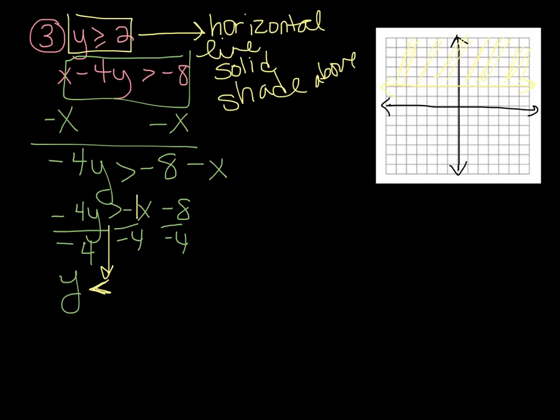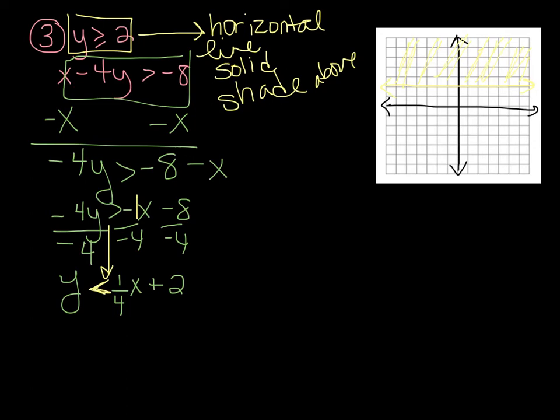So that's like I have negative 1 over negative 4, which is the same as 1 over 4, because negative divided by a negative always gives us a positive. And then I just have my x. The next thing a lot of people forget is you also have to divide the 8 by negative 4. So negative 8 divided by negative 4 gives me a positive 2. So that is my second inequality. It was long to get there, but I got it, and now I'm going to graph it.